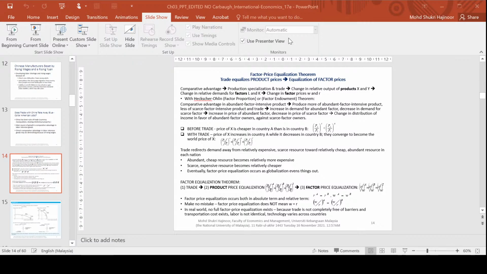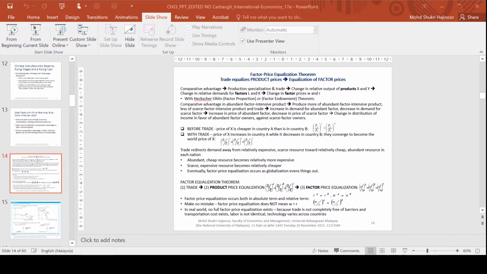This is number 3: change in relative output, product X and Y. The price of computers relative to the price of shirts will be the same in China, in Burkina Faso, in Ghana, in Tanzania, in United States, in Malaysia, in Japan, in Korea, in Russia, in Finland, in Czechoslovakia, anywhere in the world. The relative price of computers compared to the price of shirts, for example.